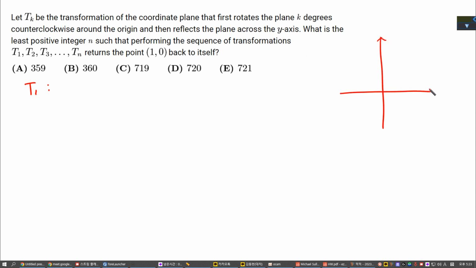I mean, after making this 1 degree rotation and then it's reflected about the y-axis, the new degree will be 179 degrees. And T2, from this, we make the 2 degree rotation and then reflect again.